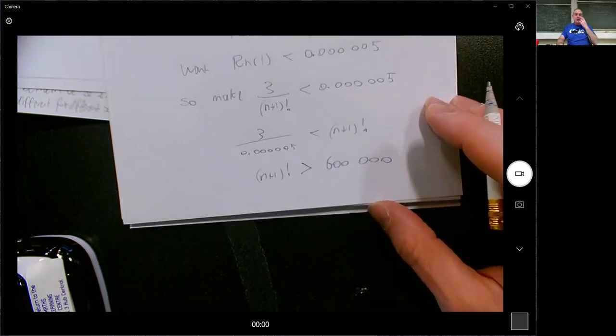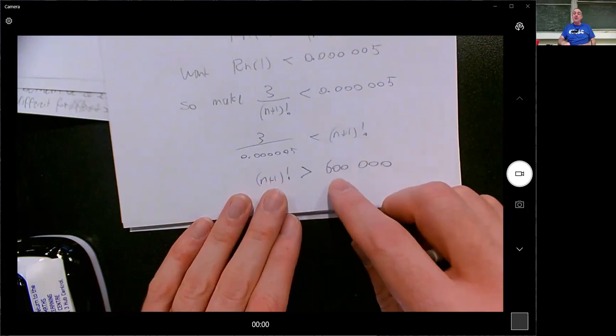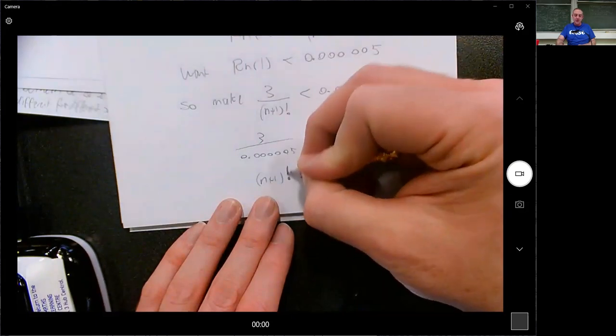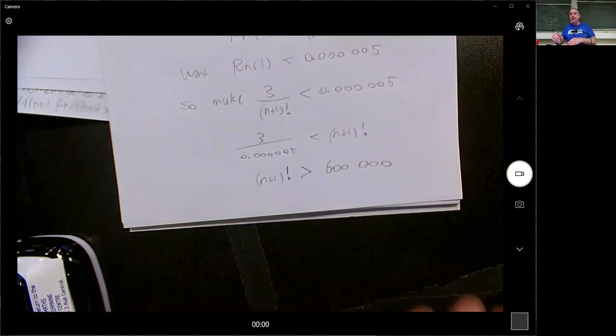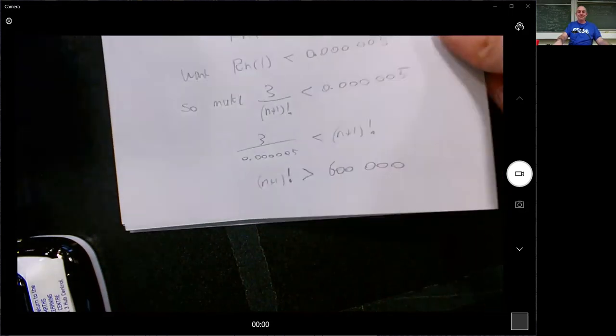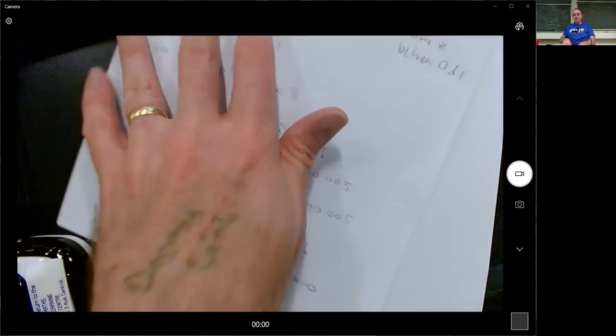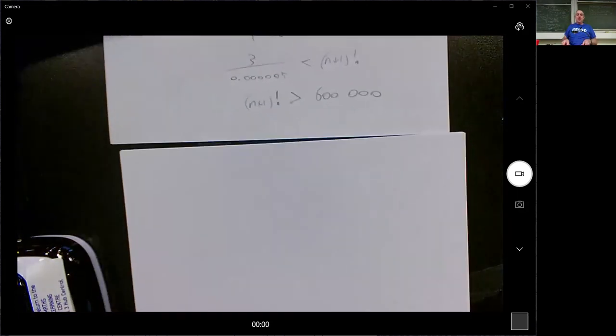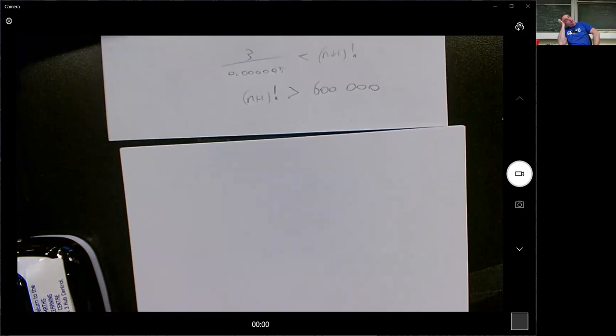Okay, and so now the easiest way is probably to just try different values of n until I get the first one that works, because there isn't an inverse function for factorial in your calculator anyway. I do know that n plus 1 factorial is more than, is less than, no, it's not going to work either.